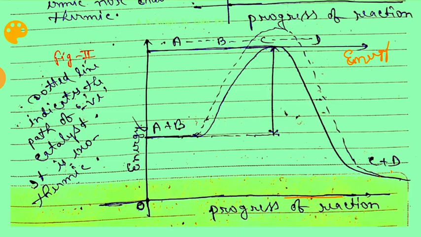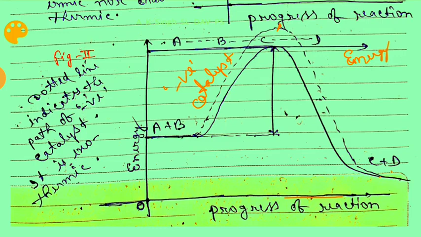And if catalyst is used, here the dotted curve line indicates negative catalyst. If negative catalyst is used, then what happens? It clearly indicates that activation energy is increased. So more energy is required here and hence rate of reaction is decreased.